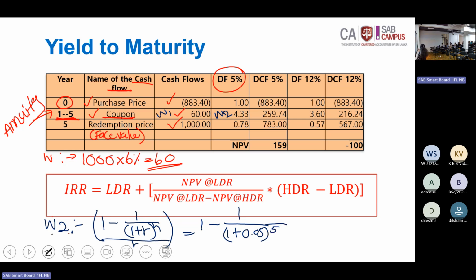So then, power 5, divided by 0.05. What's the value? Quickly take the values. We are just calculating the IRR.